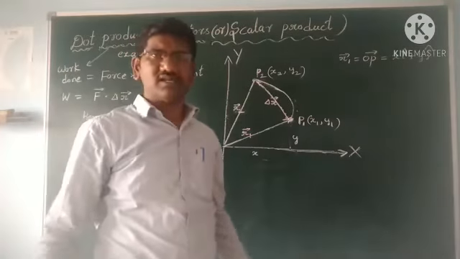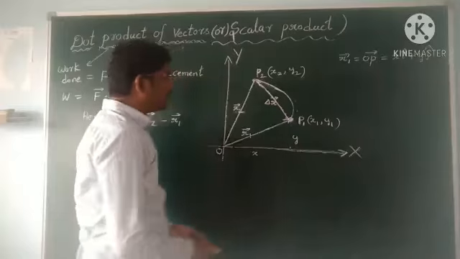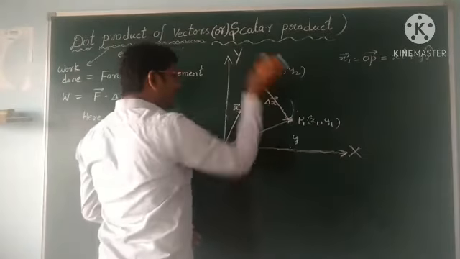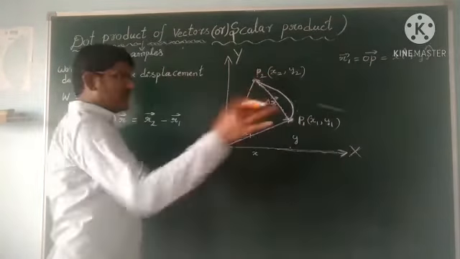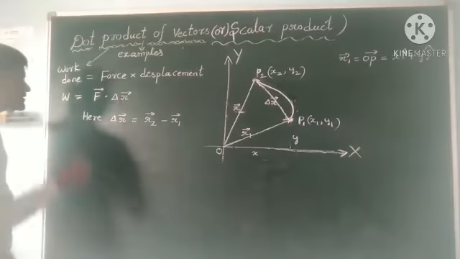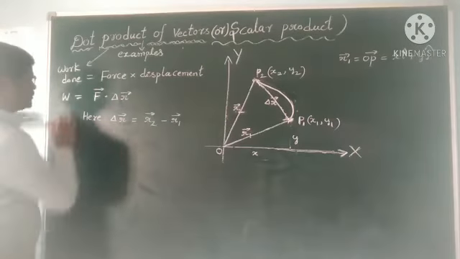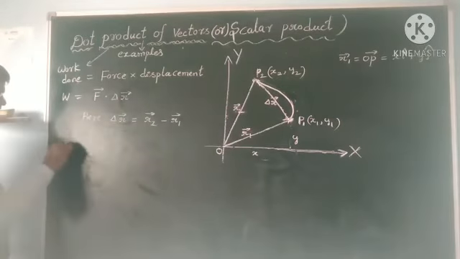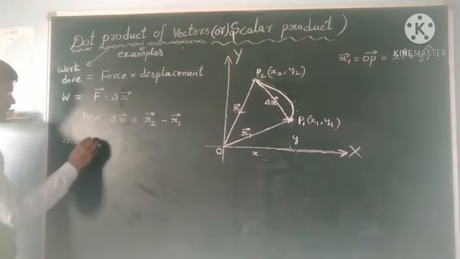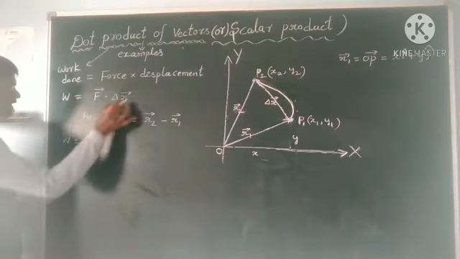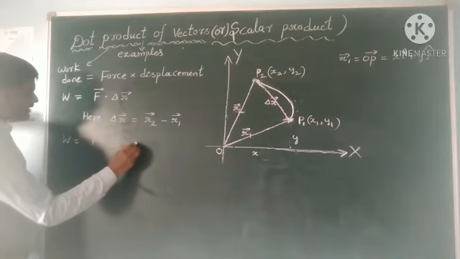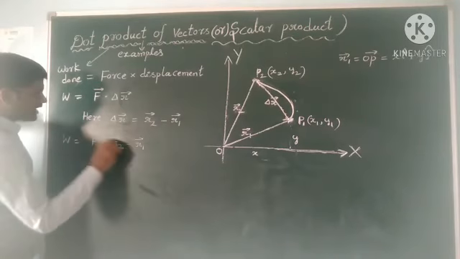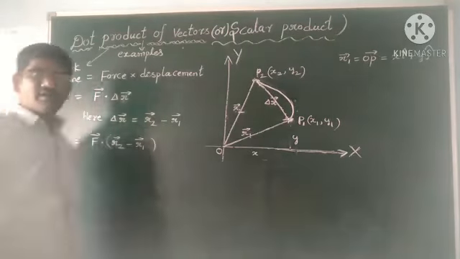So work done is an example for dot product we know. And see my dear students, the work done is written as F bar dot delta R bar, that can be written as F bar dot (R2 bar minus R1 bar).